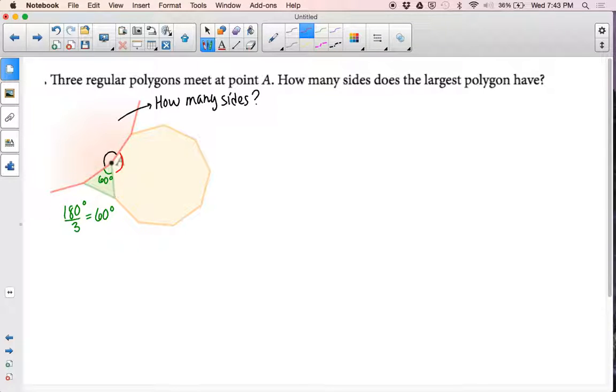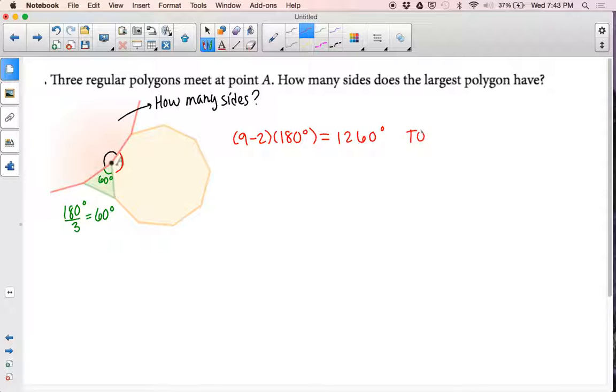Now, for this angle over here, I know that this polygon has 1, 2, 3, 4, 5, 6, 7, 8, 9 sides. So I'm going to find the sum of all of the interior angles. 9 minus 2 times 180. 9 minus 2 is 7. So 7 times 180 is 1,260 degrees.